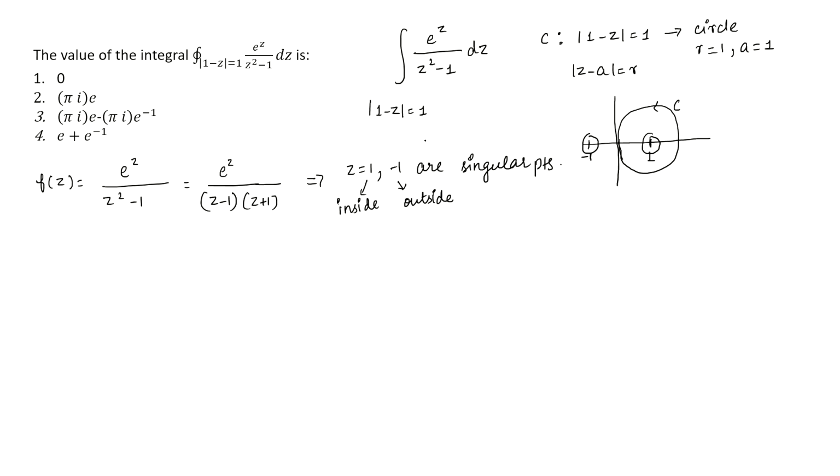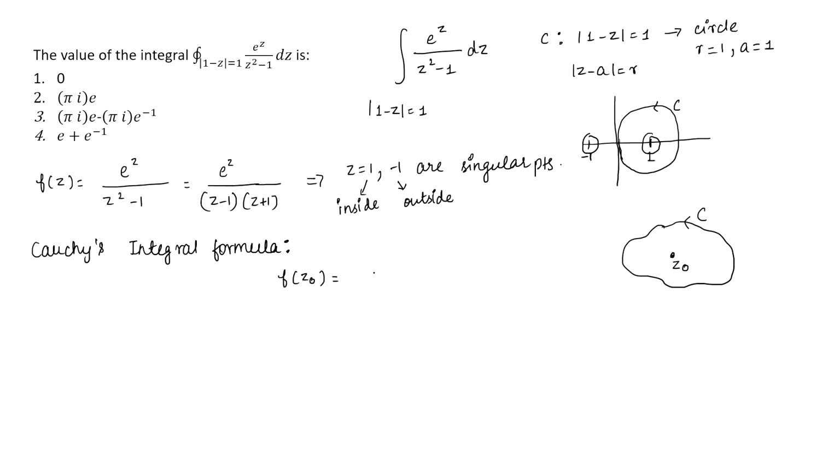Now to find the integral, we can go for Cauchy's integral formula, which basically says that if f(z) is an analytic function inside a closed contour C whose orientation is in the positive direction, and if z0 is any point lying inside C, then f(z0) is equal to 1/(2πi) times the integral over C of f(z)/(z − z0) dz.